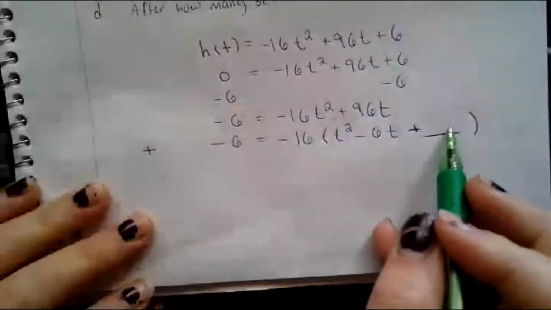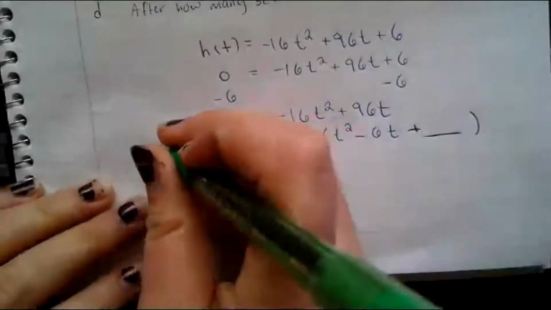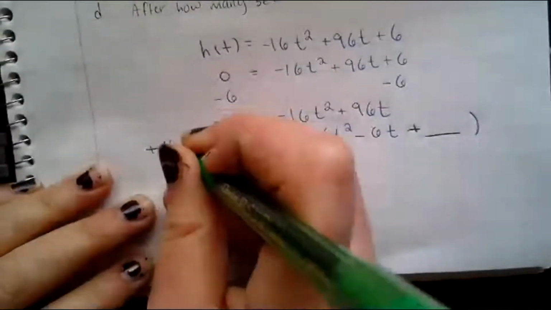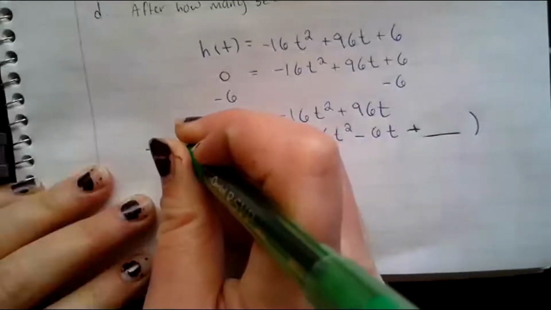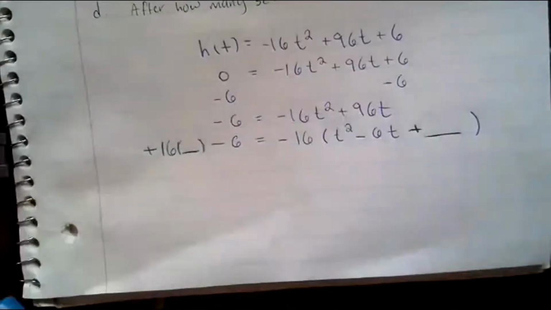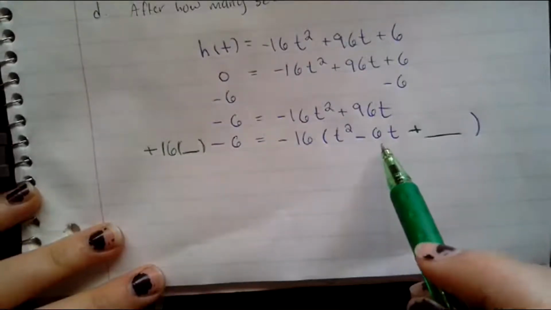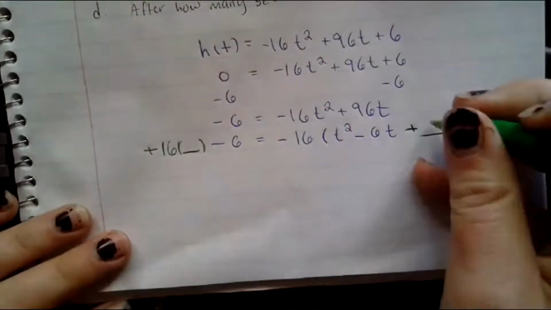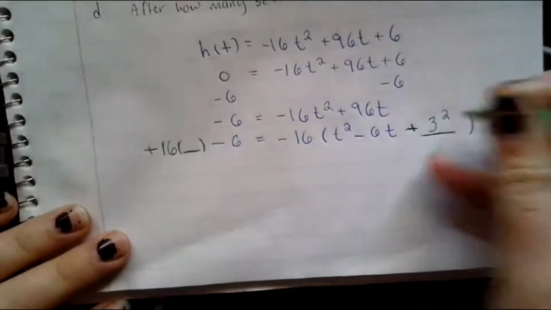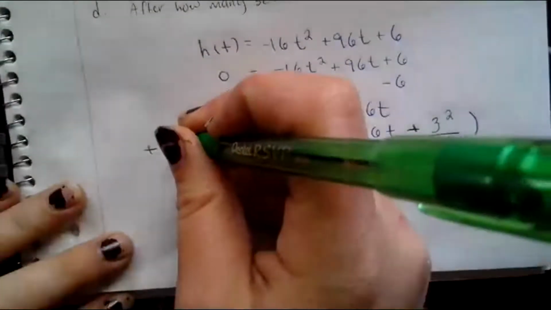And since this number is technically multiplied by 16, don't forget your 16: 16 times whatever number we add. Half of 6 is 3, so we're going to be adding 3 squared.